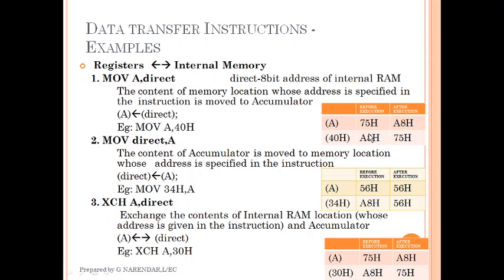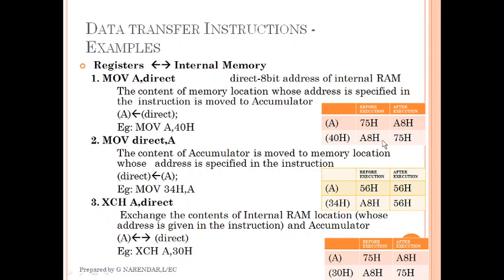So what should happen if this instruction is executed? The content of the memory location is to be copied to the accumulator. So after execution, the content of the memory location A8h is copied to the accumulator. The contents of accumulator becomes A8h.